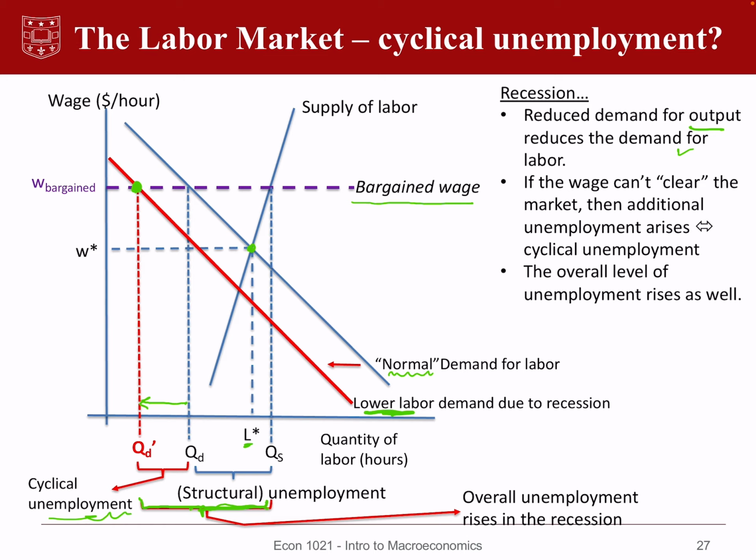So when we think about cyclical unemployment, we can think about it as coming about because the demand for labor is fluctuating and the wage in the market cannot adjust sufficiently to balance the quantity demanded and quantity supplied of labor. So what we're going to do is pause for a moment for a third participation question and then return for a summary.